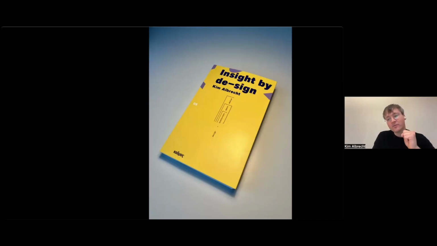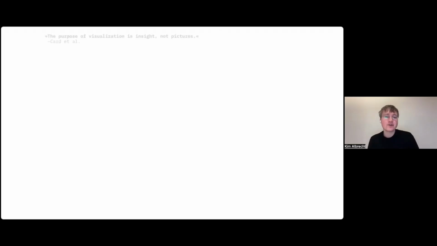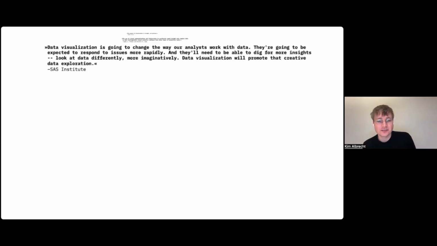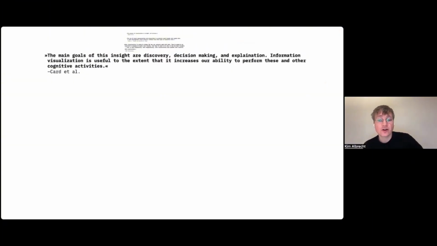And when I'm looking at the literature, there are very clear motives for why people say that they are designing data visualizations. So there is a very common and strong agreement what these graphics are doing.